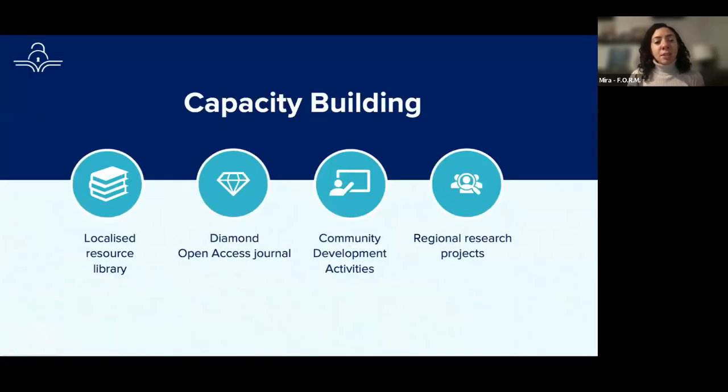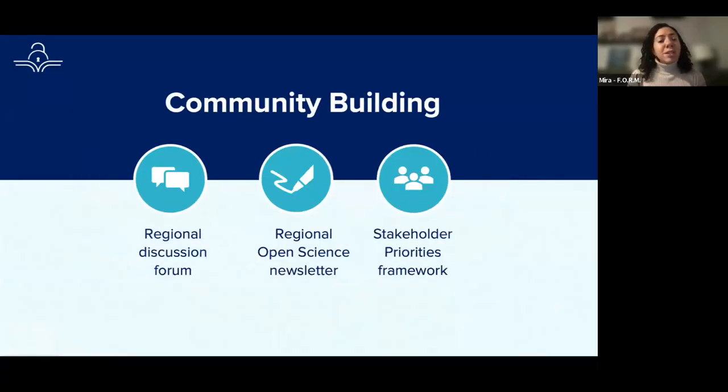We offer capacity building solutions with the localized research library, a Diamond Open Access Journal, community development activities such as the one we're in now, and regional research projects. For community building, we care about the regional discussion forum, the regional open science newsletter, and a stakeholder priorities framework.